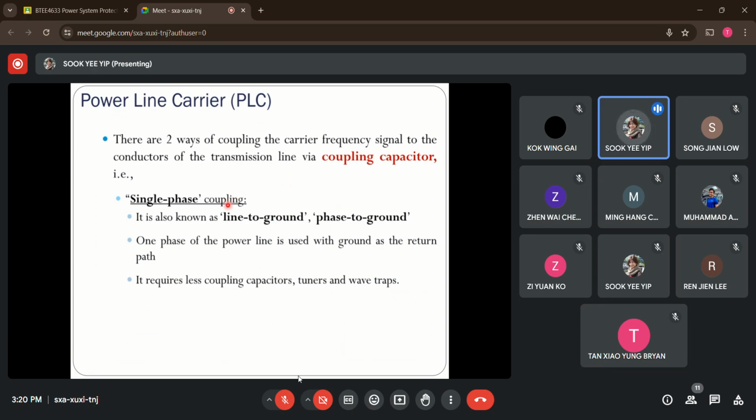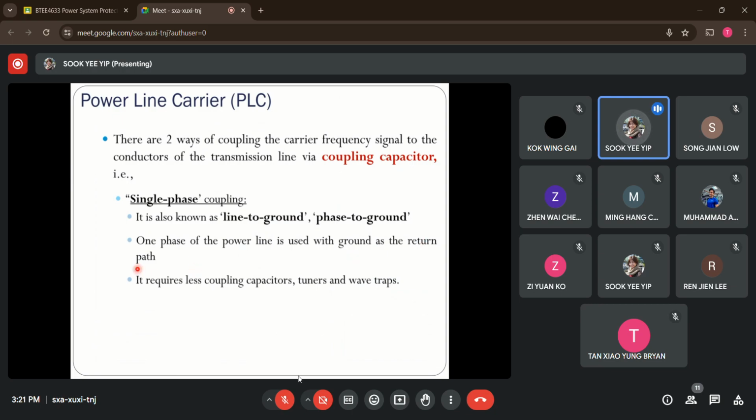One of the ways is known as single phase coupling, also known as line to ground or phase to ground coupling. With this method, only one phase of the transmission line is used for communications, with ground used as the signal returning path.